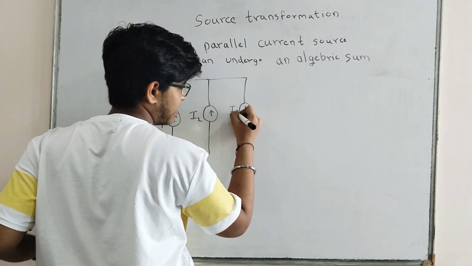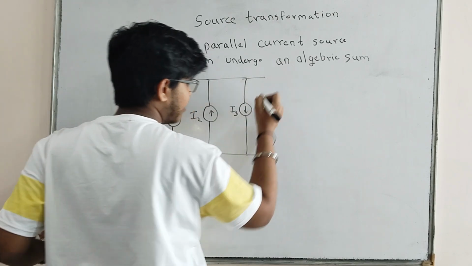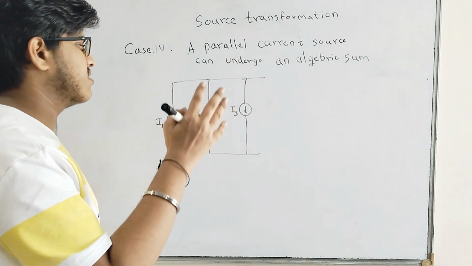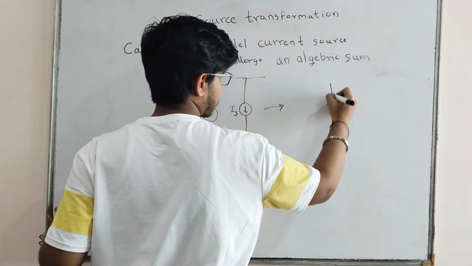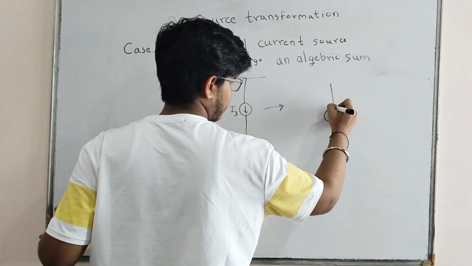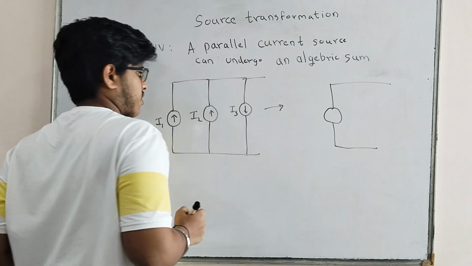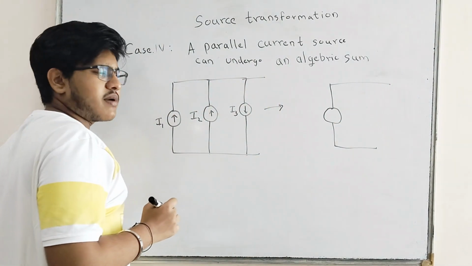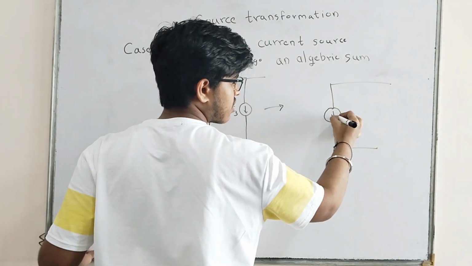Point to be noted is I3 has an opposite direction, and this circuit continues further. Now I will draw its equivalent circuit, which will contain only one ideal current source. I will take its direction to be downwards.